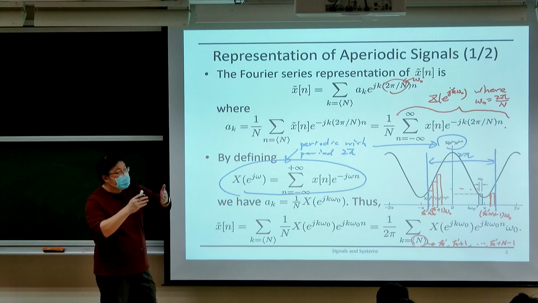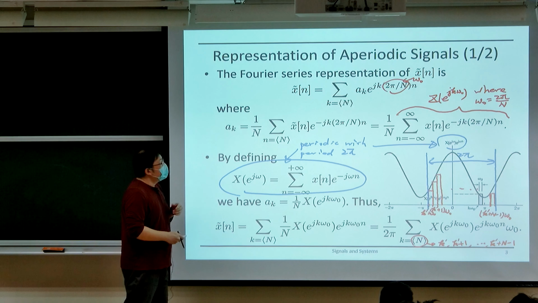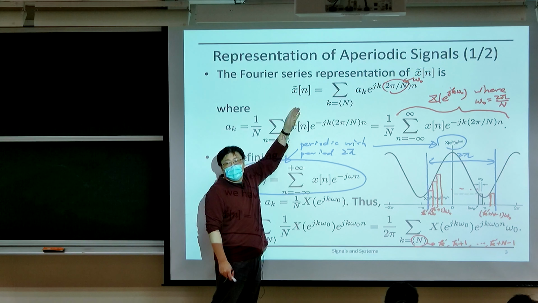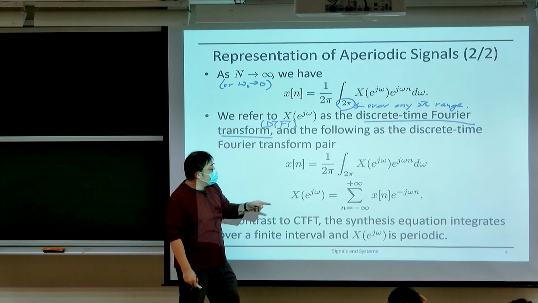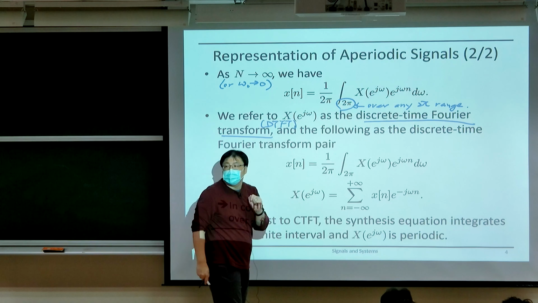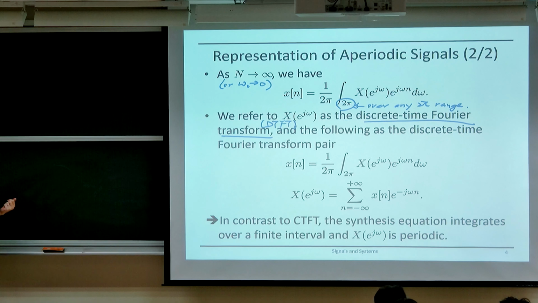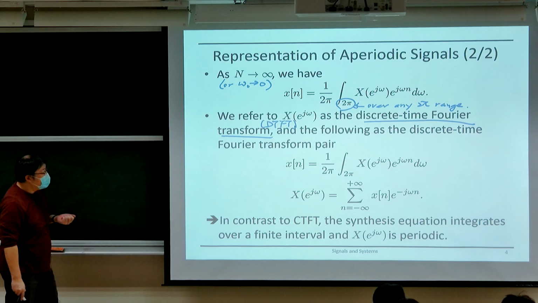But as capital N goes to infinity, as the signal gradually becomes aperiodic, you will not be able to reconstruct the signal using only discrete frequency components. Eventually, you would need to use a continuous range of frequency components. So that's the only difference here if you compare it with the periodic case.